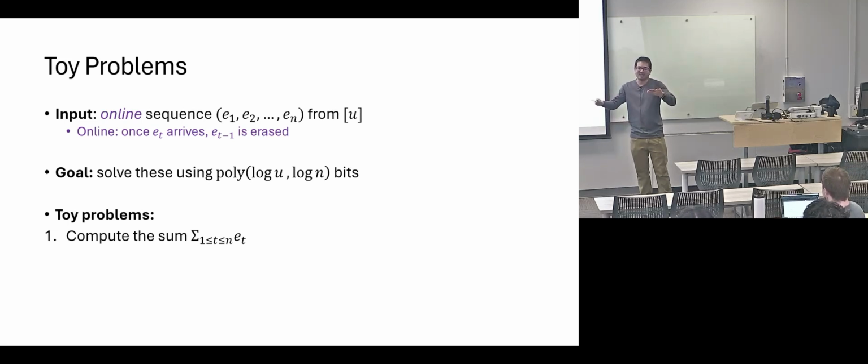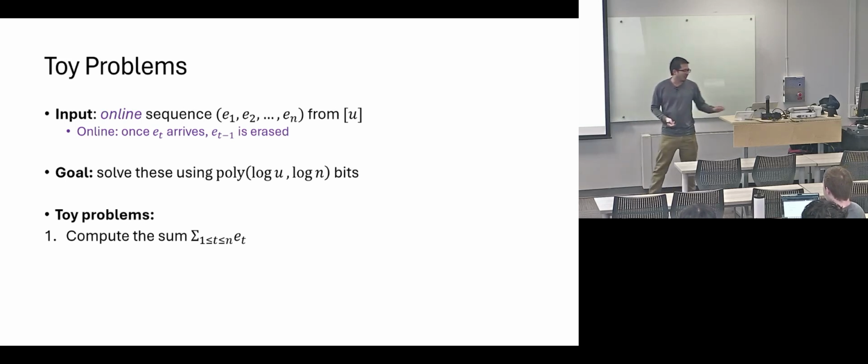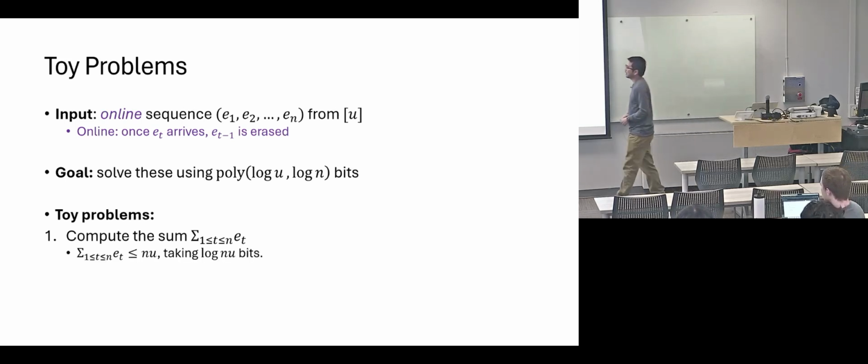When E1 arrives, add that to the counter. When E2 arrives, add that to the counter, and so on. Just directly compute the sum. The value of the sum is going to be at most U times N, which means that this number takes just log of N times U bits of space. So that's enough for your space. Make sense?